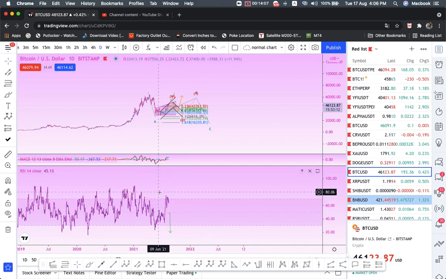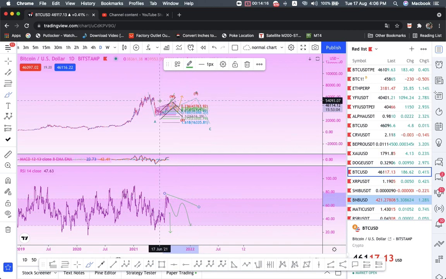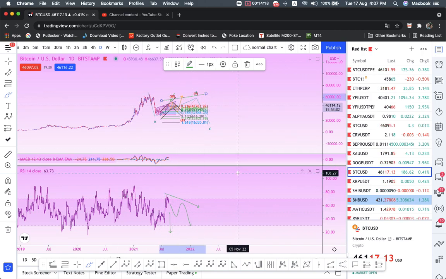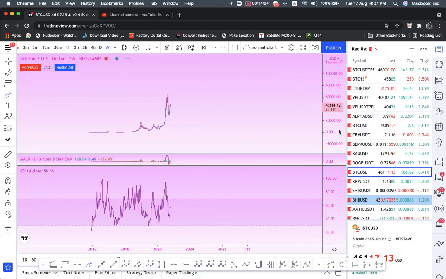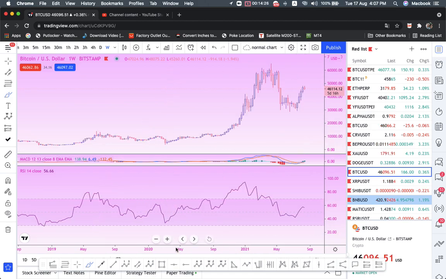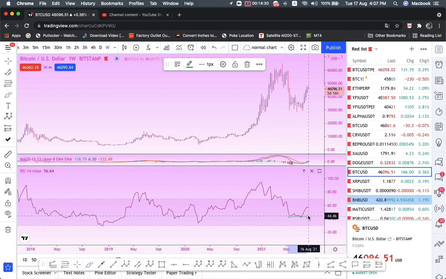Plus, we do have the bear divergence, but I'm expecting a few more bear divergences before really coming down. Okay, so I'm expecting something like this, because when I look at the weekly, we don't have any bull divergence on the weekly, although this one looks like it, but it's not.